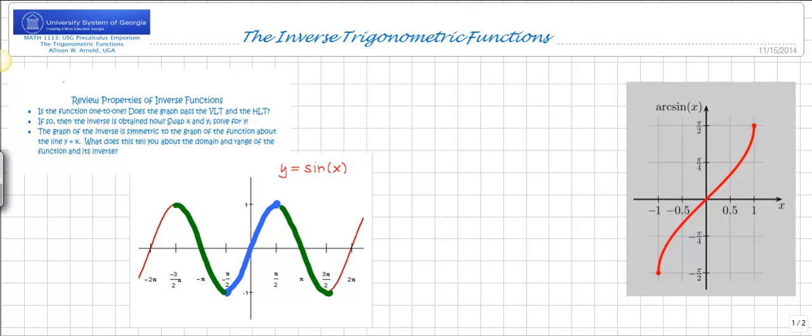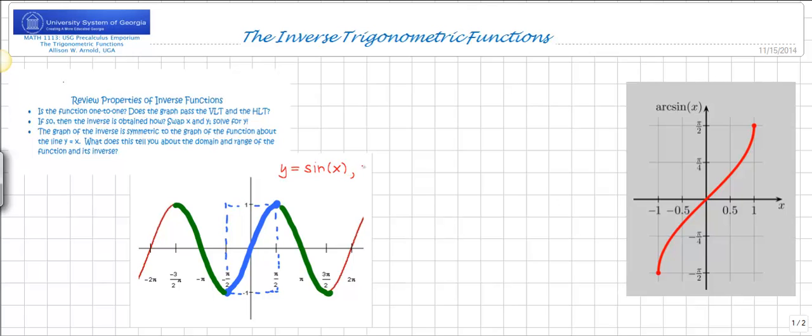So we're going to use the one that I have highlighted in blue, closest to the origin, that sits inside a window between x equals negative pi over 2 and x equals positive pi over 2 and y equals negative 1 to positive 1.